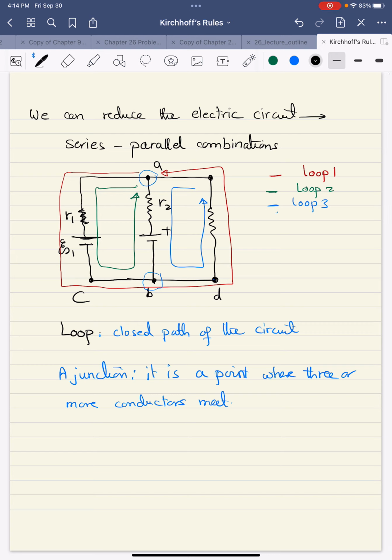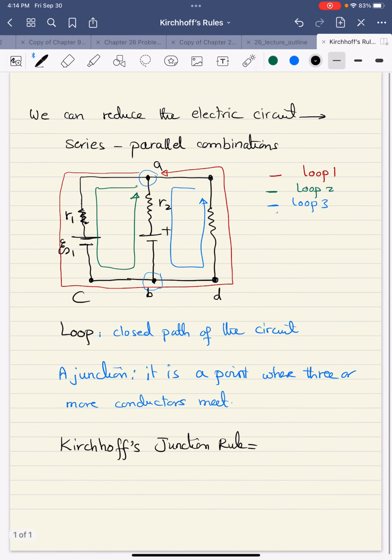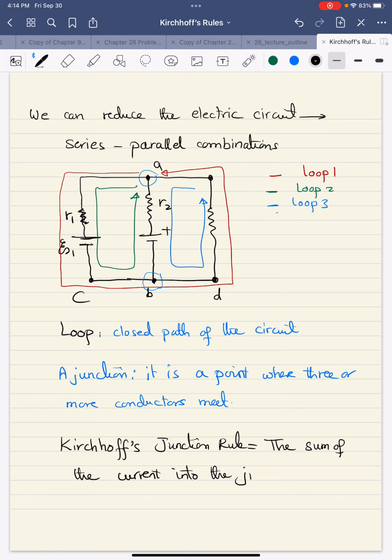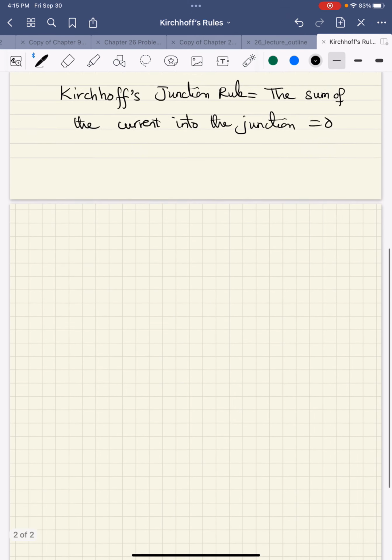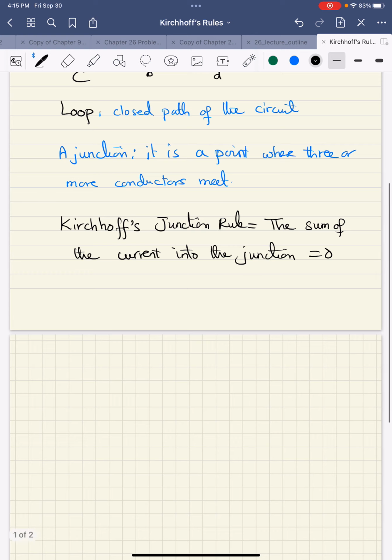Kirchhoff's junction rule says that the sum of the currents into the junction should equal 0, which means I have a bunch of currents and all of them should add to 0.